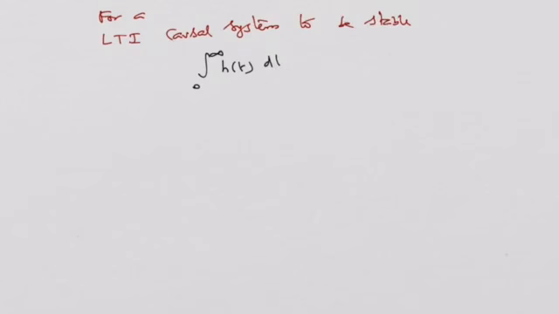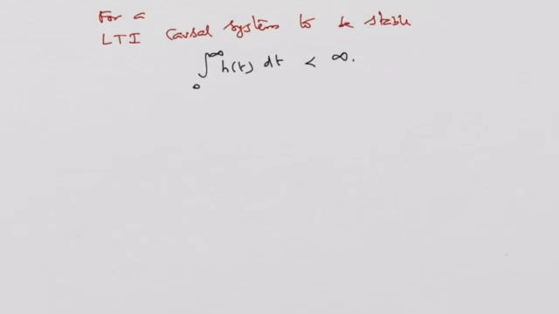I'll summarize. For an LTI causal system to be stable, the integral from 0 to infinity of h of t dt should be a value less than infinity.